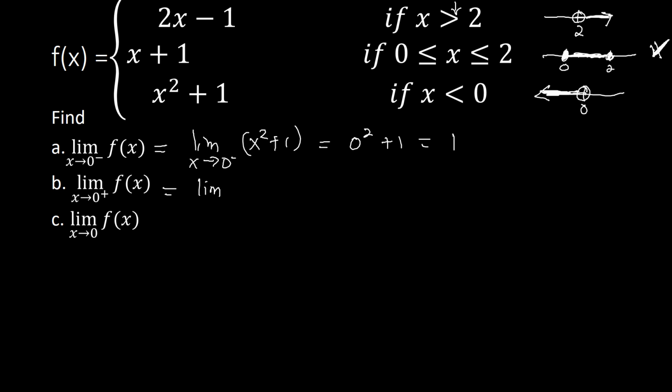So we will be using the second function, which is x plus 1, as x approaches 0 coming from the right side. We substitute the value for x, which is 0, plus 1, that is equal to 1. Notice they have the same value, so that means that the limit exists, and that is equal to 1.